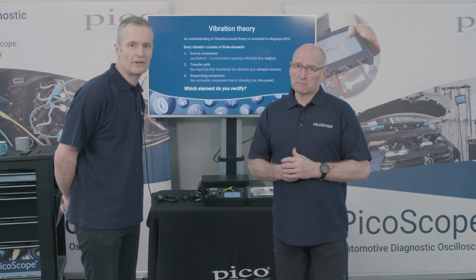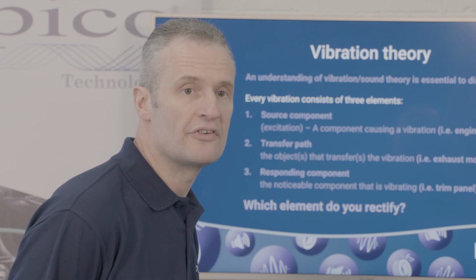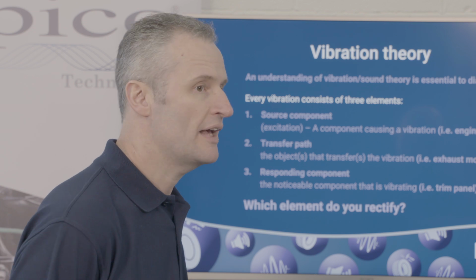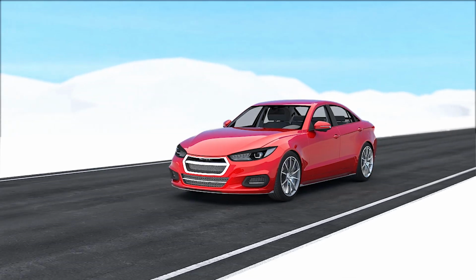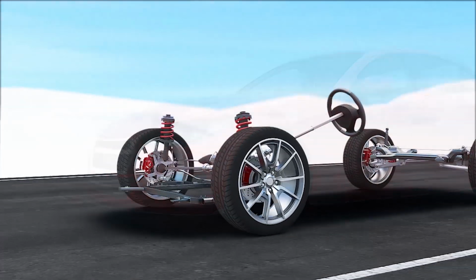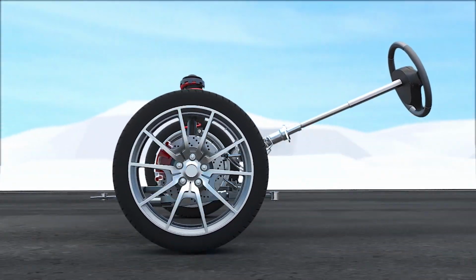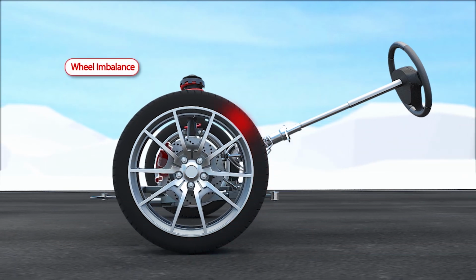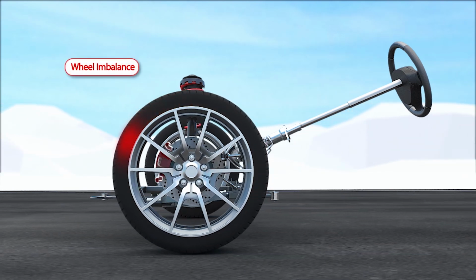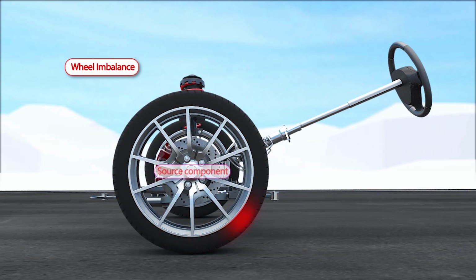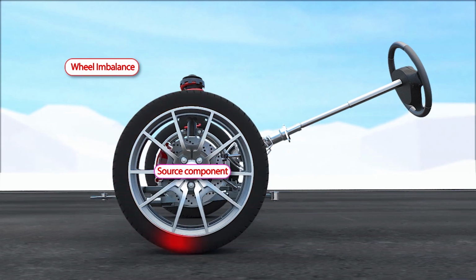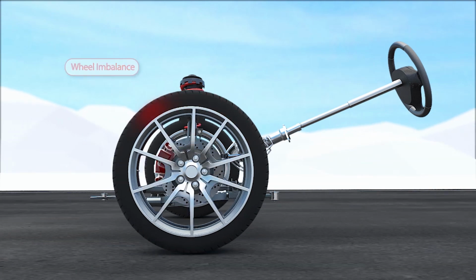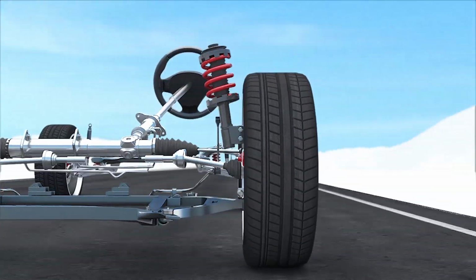And coming up now, we've got an example of wheel imbalance: source, transfer, responder. Let's run the animation. Okay, so here we have an imbalanced wheel. Notice how the wheel is almost thrown off its centre line as the imbalance reaches the peak. So there is our source. That then is transferred along the suspension because it has to travel.